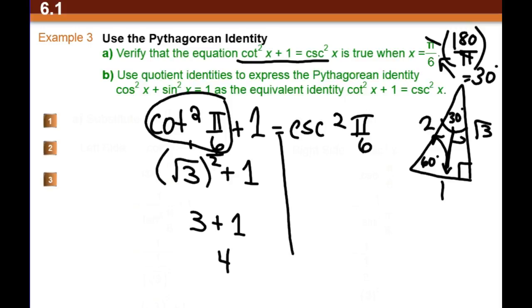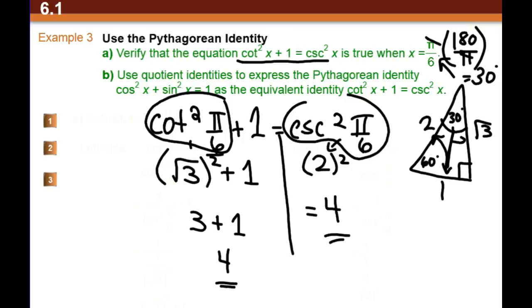So cosecant is 2 over 1, which is just 2. And so this whole chunk turns into 2 squared, which is 4. So now we've verified that pi over 6 is a solution to that equation.